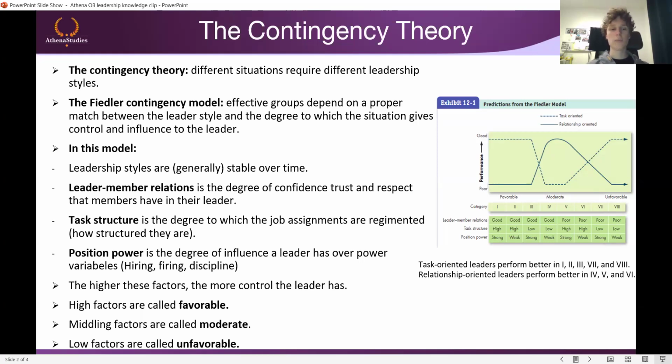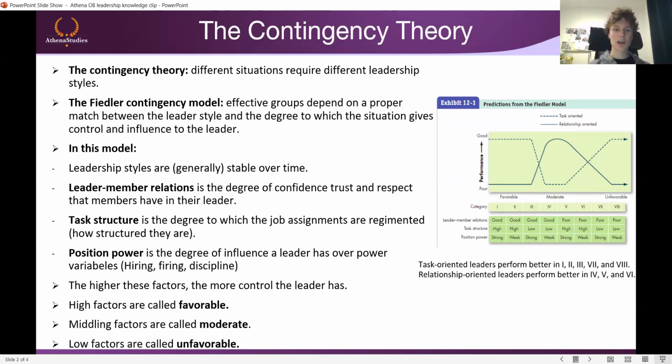In this model, we assume that leadership styles are generally stable over time. So they don't really change all that much, and thus we can look at performance over time and see that it's not because of a change in leadership style, but because of a change in the factors that we have.